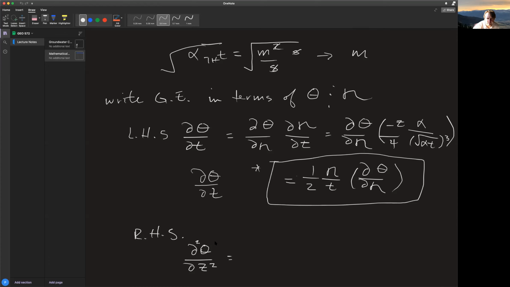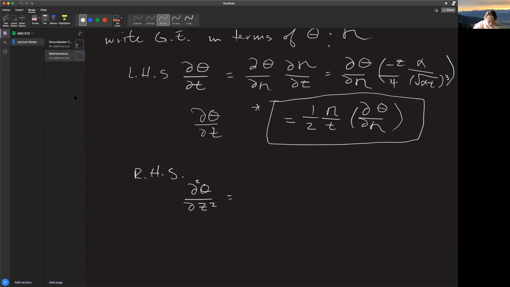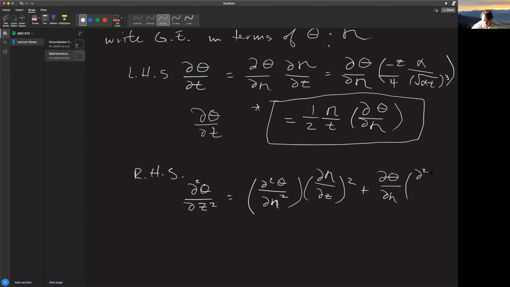Chain rule again: d squared theta d eta squared, d eta dz squared, plus d theta d eta, d squared eta dz squared.